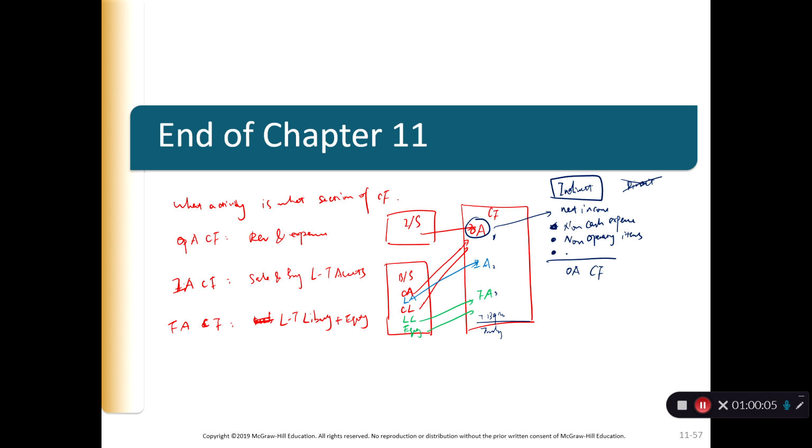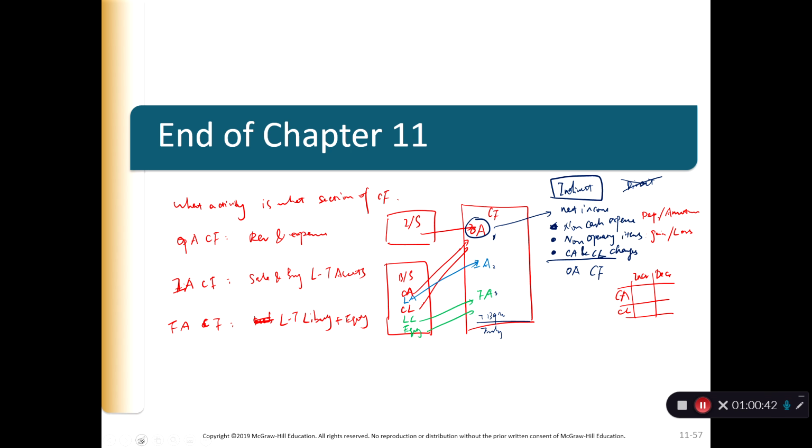Third, we adjust the current asset and current liability changes, right? Non-cash expenses, for example, are depreciation and amortization. For non-operating activity, we talk about gains and losses. And for current asset and current liability changes, we said there is a grid that we can draw. For an increase or a decrease, what do we do?